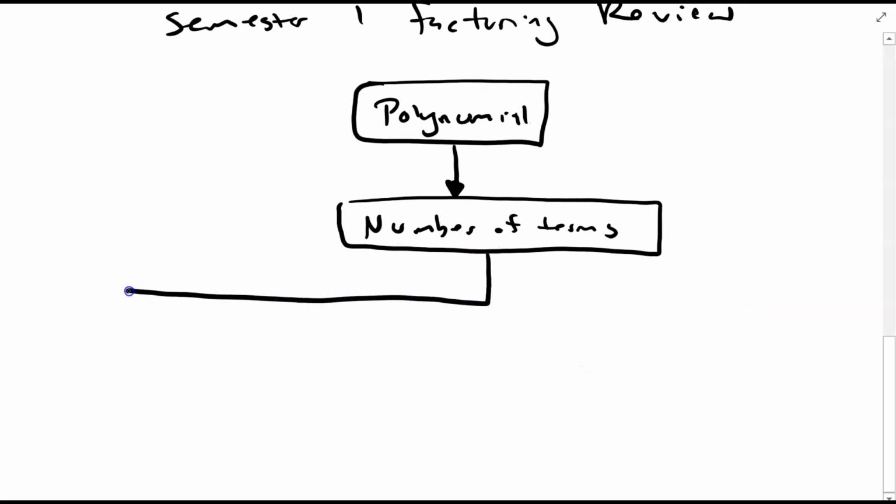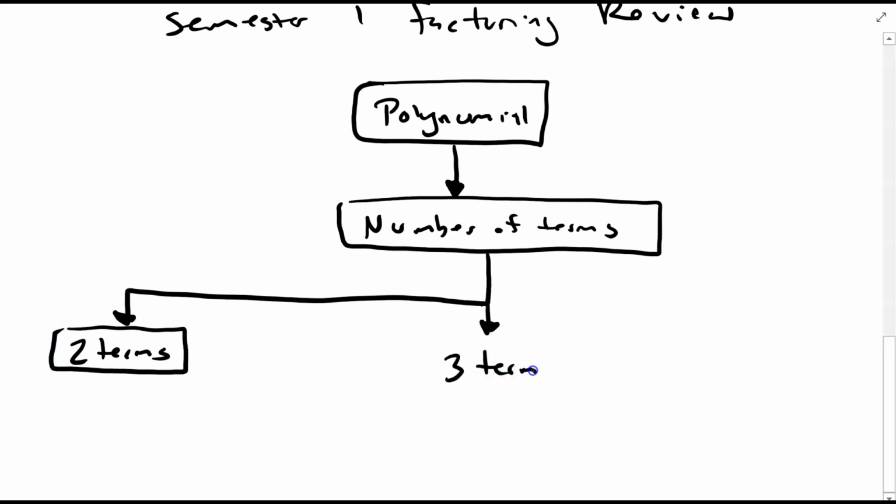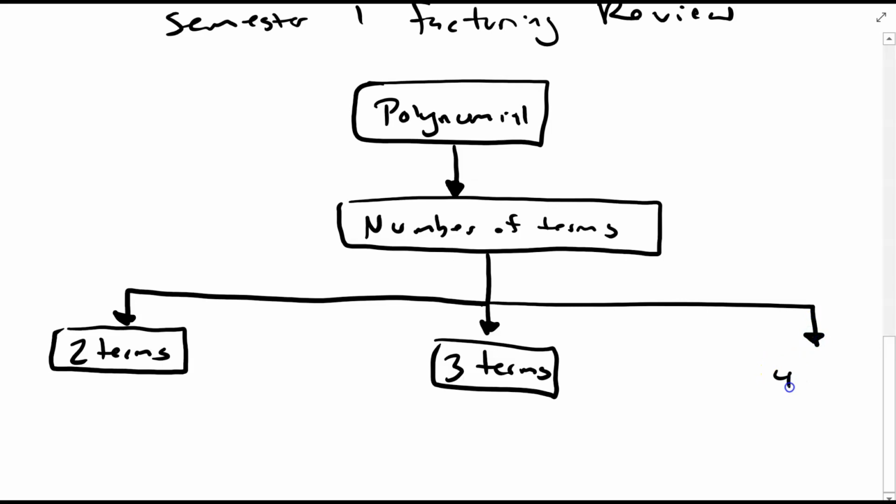And there were three possibilities. We dealt with situations where we had 2 terms, where we had 3 terms, and where we had 4 terms.